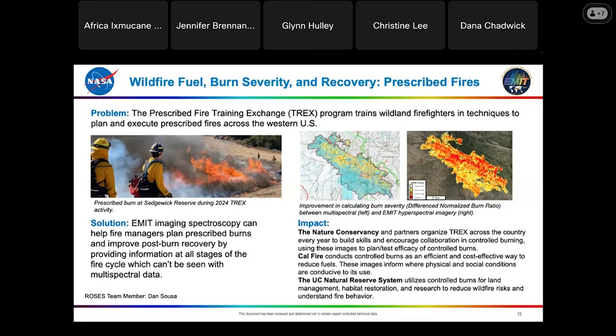I think this is actually the same group at San Diego State, and they've been working with both ECOSTRESS and EMIT data, as well as a variety of airborne sensors, to think about understanding burn severity in different places, thinking about recovery, thinking about prescribed burns. And so there's a lot of ongoing and exciting work in this area that I think we're all looking forward to seeing more results from.